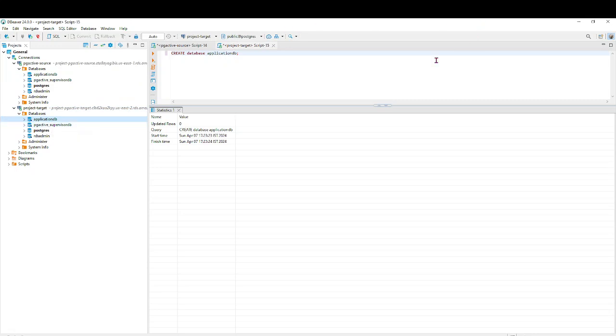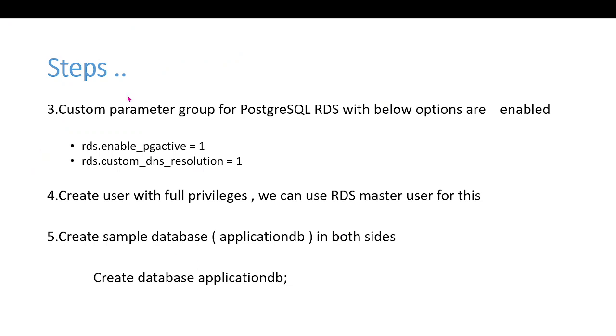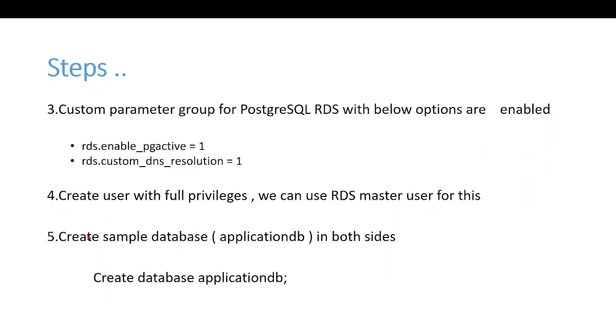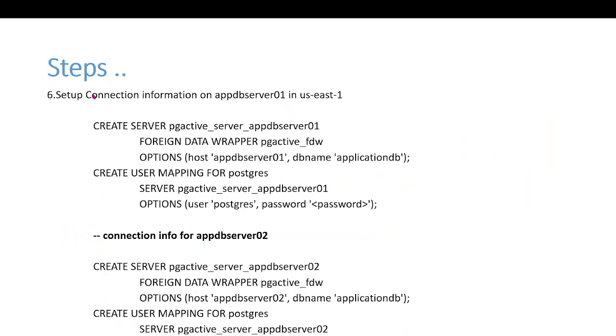So hope you understand until this. So the next step, we need to go with, so until five steps are done. Okay. So one, two, three, four, five. Five steps are done. So let's go to the setup connection between the one server and two server. Okay. So we are going to do the foreign data wrapper setting on both sides with the users and other things.